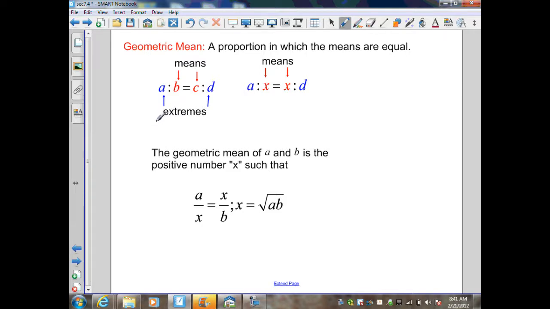Also, recall that we can set this up as A over B equals C over D. In the geometric mean, the means are equal. In other words, it would look more like this: A over X equals X over D. Similar proportions as before, except in this case, my means are equal.